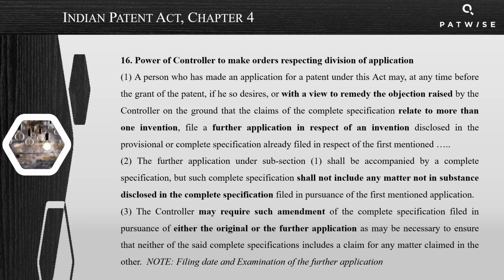Now there is an important aspect that the filing date and the examination of this divisional or the further application. The filing date shall be the same as that of the main application, but the request for filing has to be done within the same 48 months of the filing date of the application. So that has to be followed.